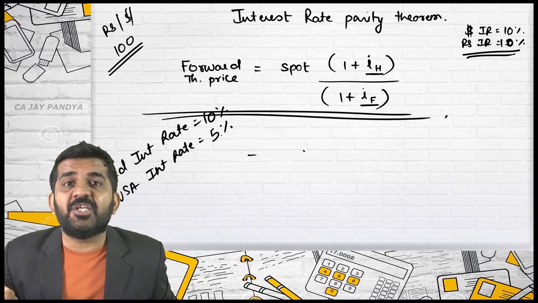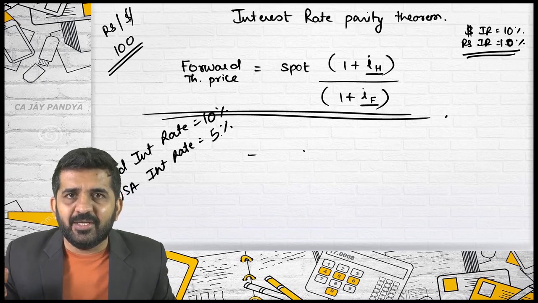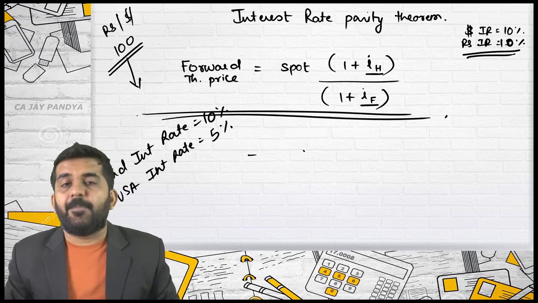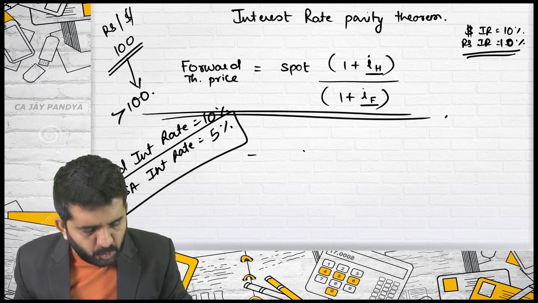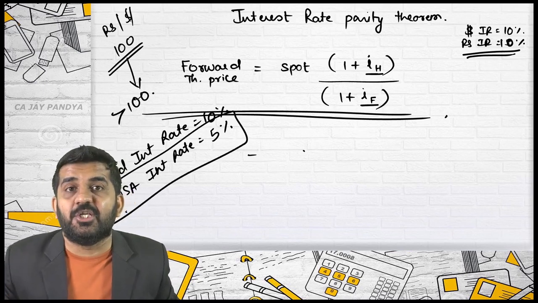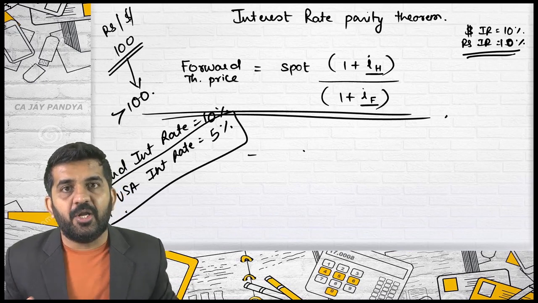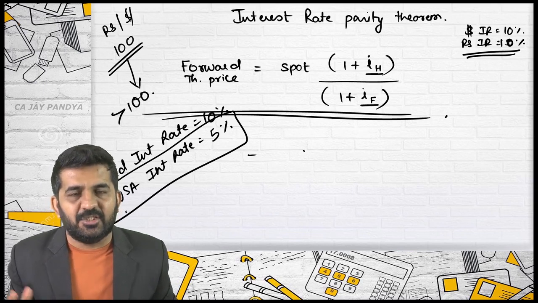Lower the interest rate, stronger should be the currency. So the price of forward should be more than 100 because USA's interest rate is lower. Lower the interest rate, stronger should be the currency. Is that right? This is very normal.